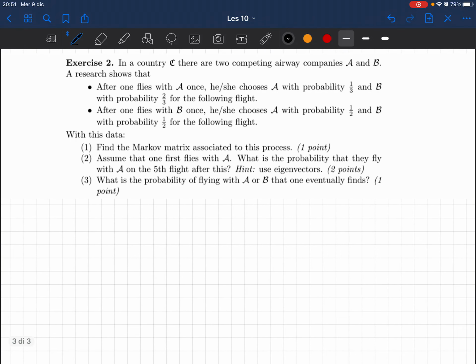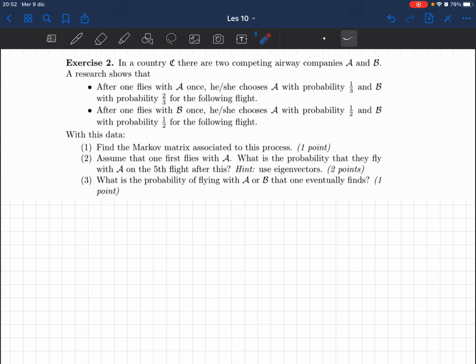So the second exercise is a little new. Let's read it. We have a country, which is not important. We have two airline companies, and we have this research showing that the probabilities of flying with A and B are determined by the experience of the previous flight, just the previous flight, not the previous flights.